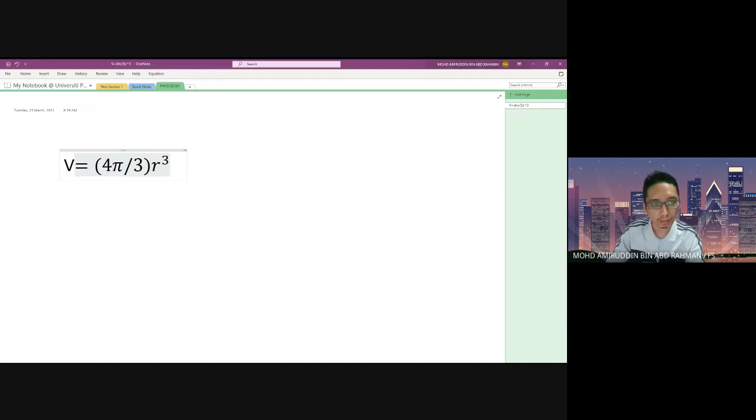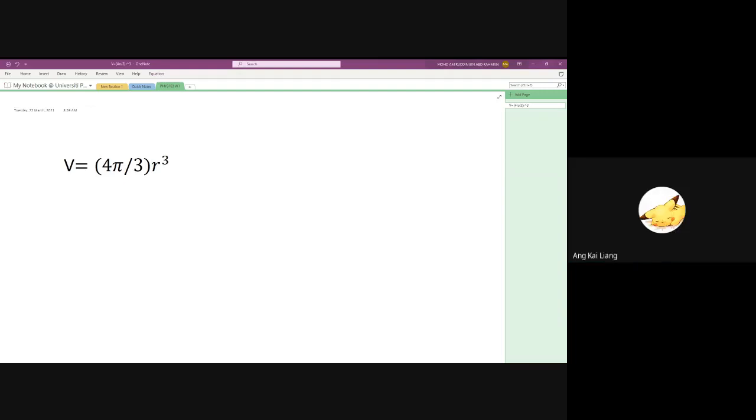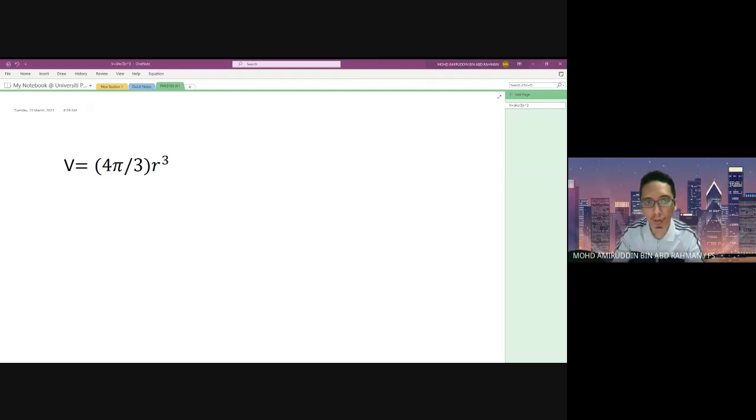Okay, and then you need to know what is the radius. But first, you need to know what is the volume. So what is the relationship of the volume and density? It's mass over volume. Yes, mass over volume gives you the density.